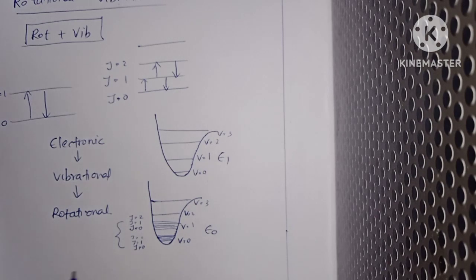The lower rotational levels can be represented as J double dash and the higher levels can be represented as J dash.